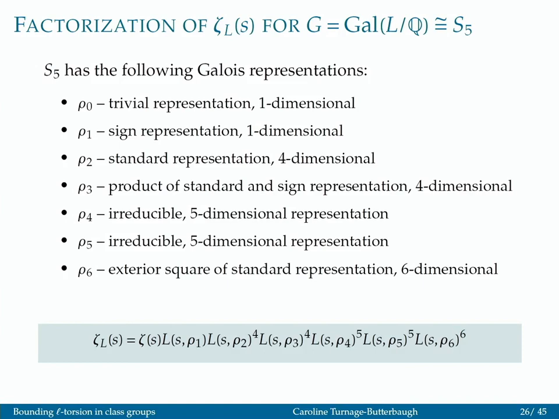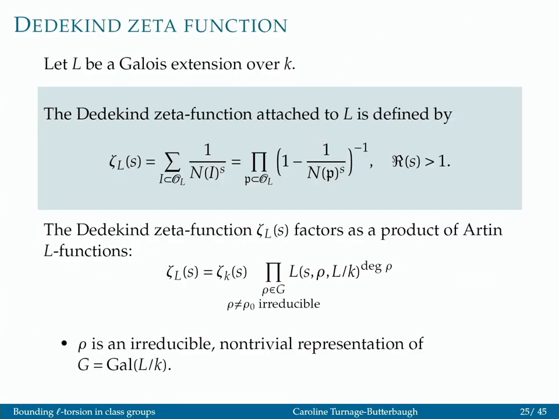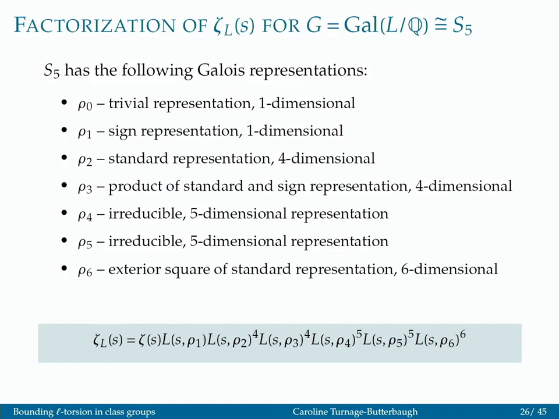In the previous slide, you had a little k, but now you don't have one. Now I've taken little k to be Q, and so the trivial representation gives you the Riemann zeta function. In general, we're just going to hold on to this factorization. But if you're new and you're learning stuff like this, you can get a handle on it by just looking up some specific data.